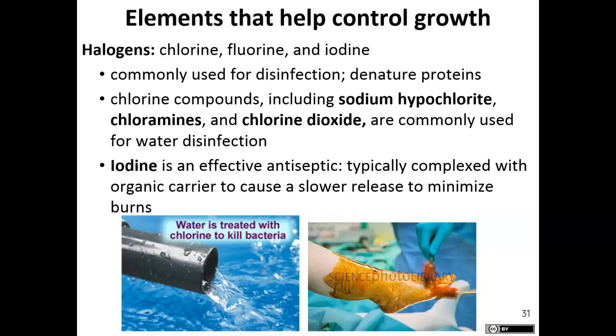Especially if you have an autoimmune response to the iodine, then your skin's going to start burning and it'll turn red and it'll be painful. Betadine is an example of an iodine complex to an organic molecule carrier.